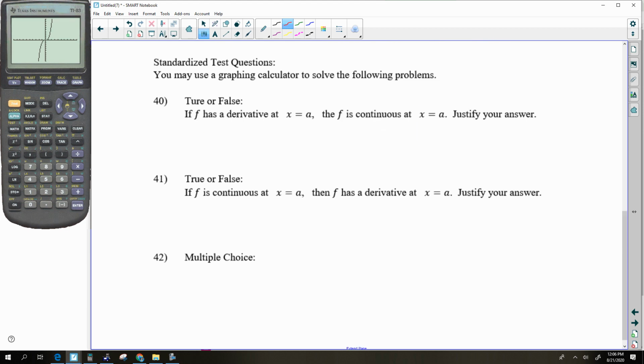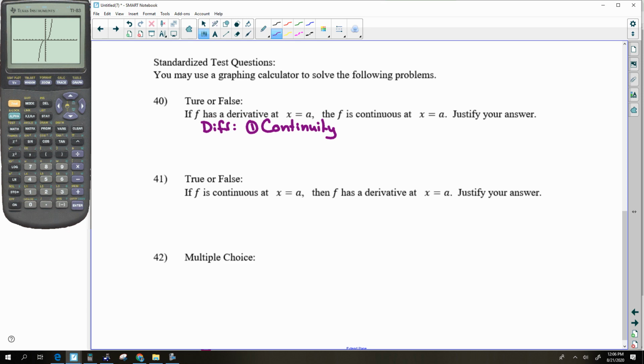True or false? If f has a derivative at c, f is continuous at c. Again, what the differentiability test is, if it's differentiable, the first thing you have to have is continuity.